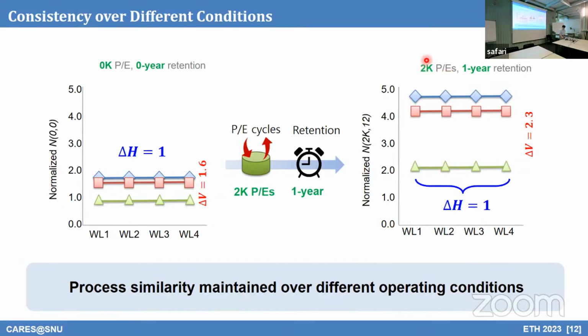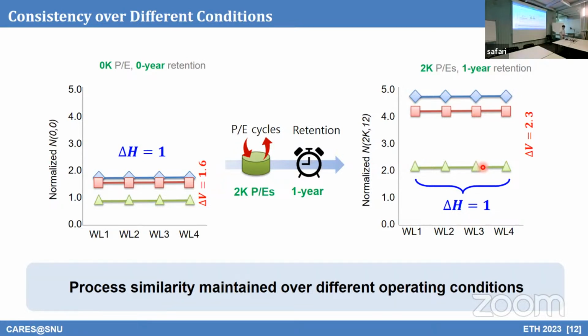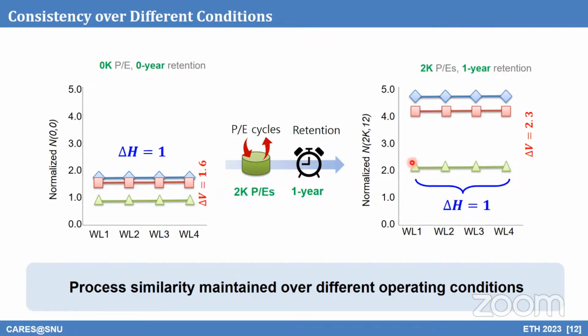In this graph, 2K P/E means almost the end of SSD lifetime, and after one year retention, this is the most difficult requirement. You can see the same horizontal layer. Cross-similarity is still very strong at this stage. My question is about the wear leveling algorithm. It is actually unmodified.